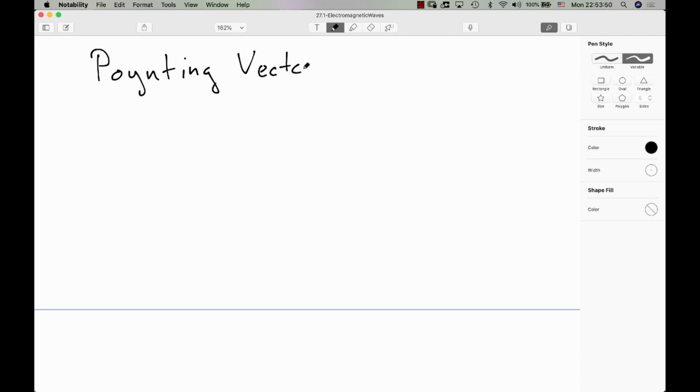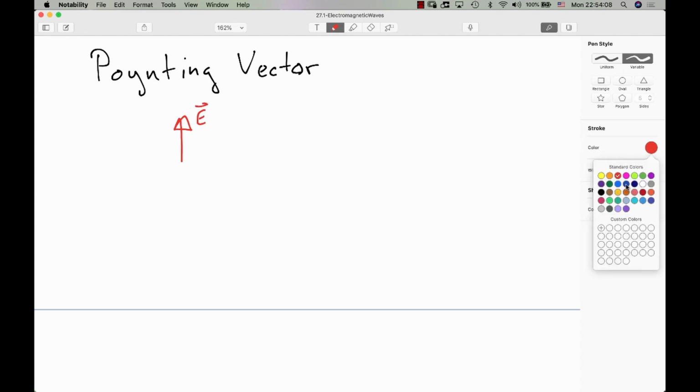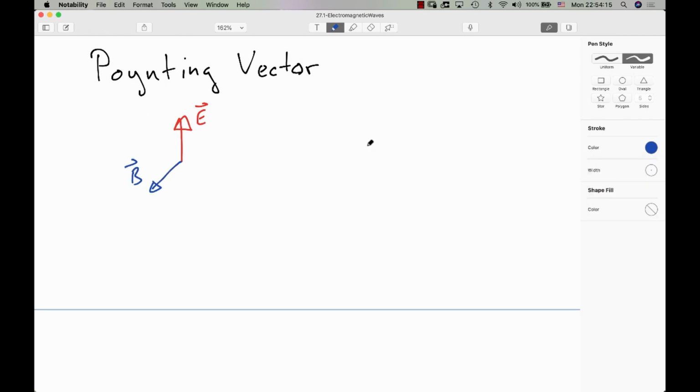That's the guy's name. But what the Poynting vector does is it quite literally points in the direction of propagation of an electromagnetic wave. So, if this is my electric field vector, and this is my magnetic field vector, the Poynting vector, what's a good color for Poynting? There we go.